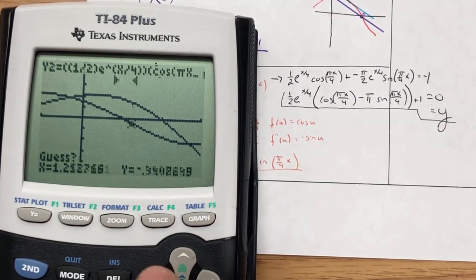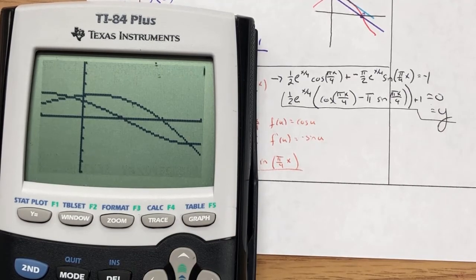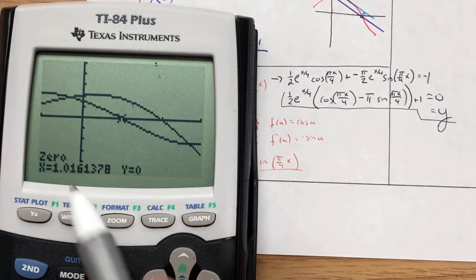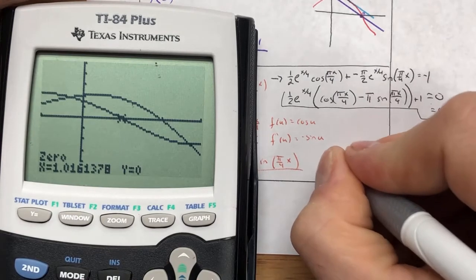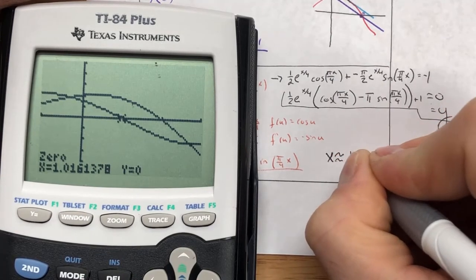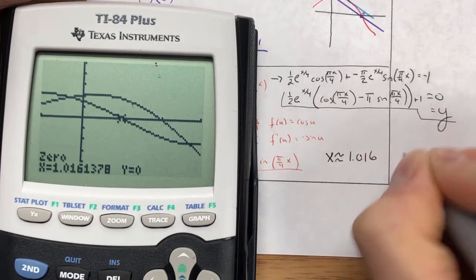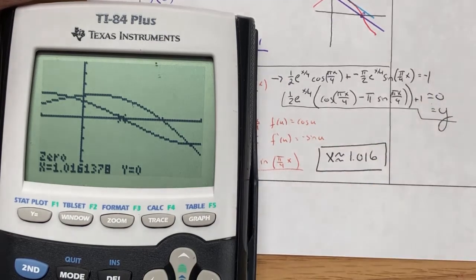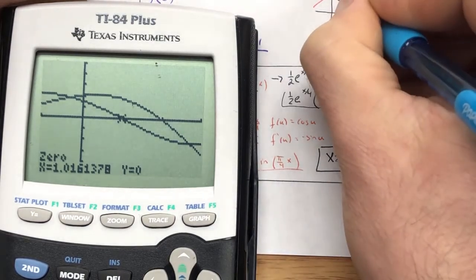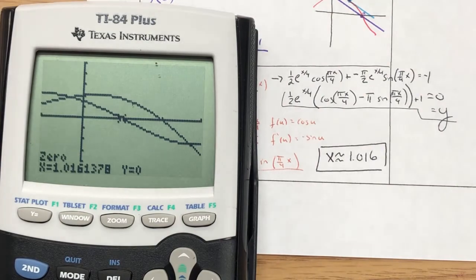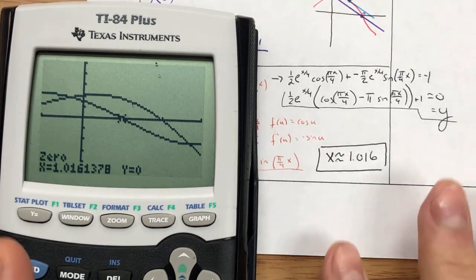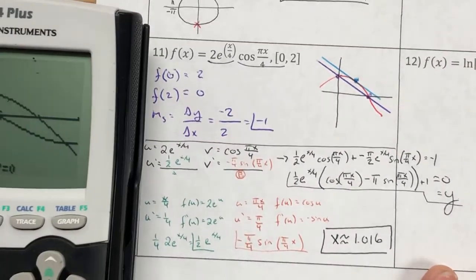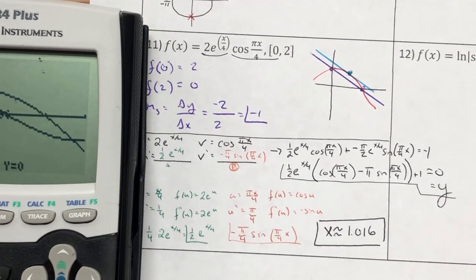So left bound, right bound, and we're going to guess right about there. Boom, right there. So x is equivalent to 1.016. So 1.016 is where my tangent line is equal to the slope of my secant line. Just like that. And there we go.